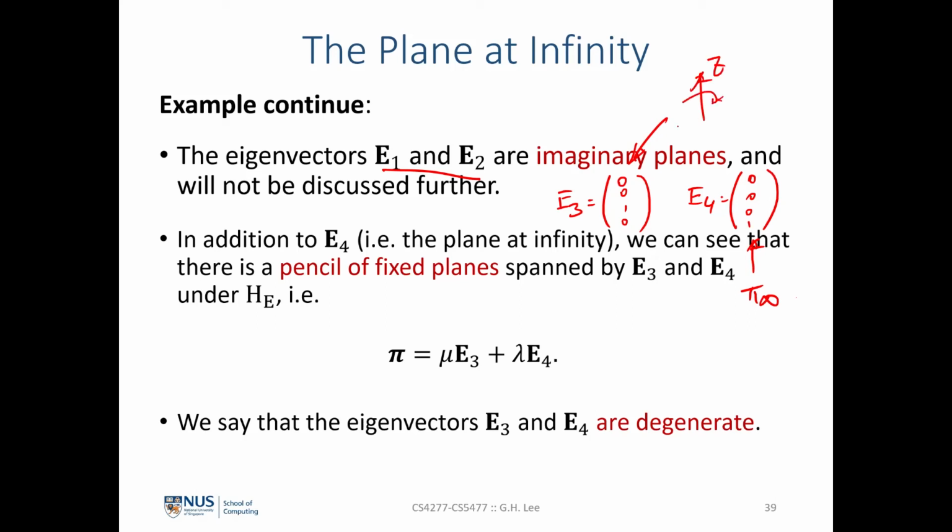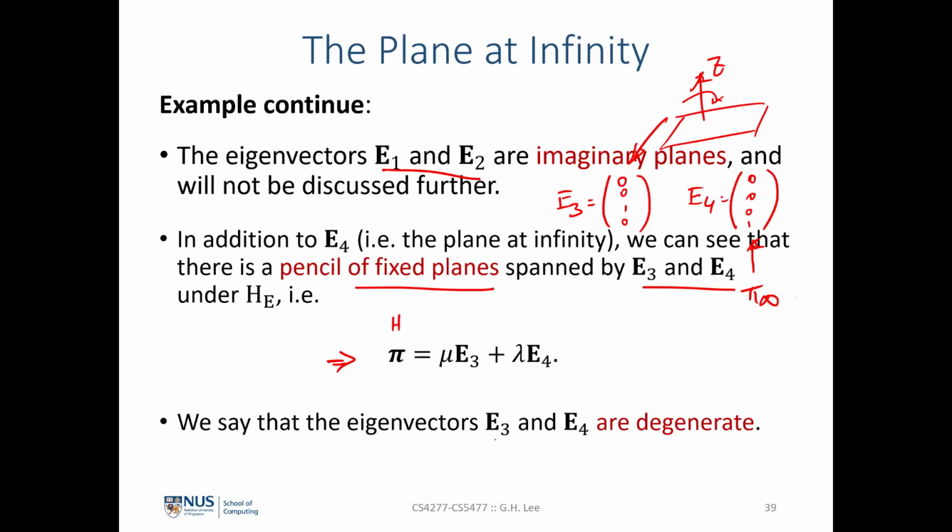So this is the normal vector of a plane that stays invariant after the affine transformation around the z-axis. And interestingly, we can also get a tensor of fixed planes that is spanned by E3 and E4 because we can treat these two as our basis vectors to get the linear combination of them to get new planes or additional tensor of fixed planes that are fixed under the transformation of H.